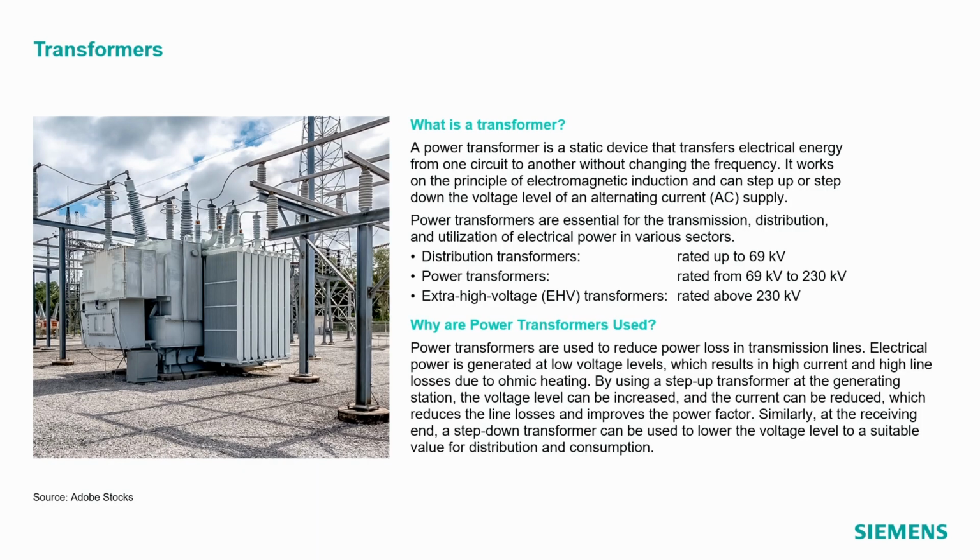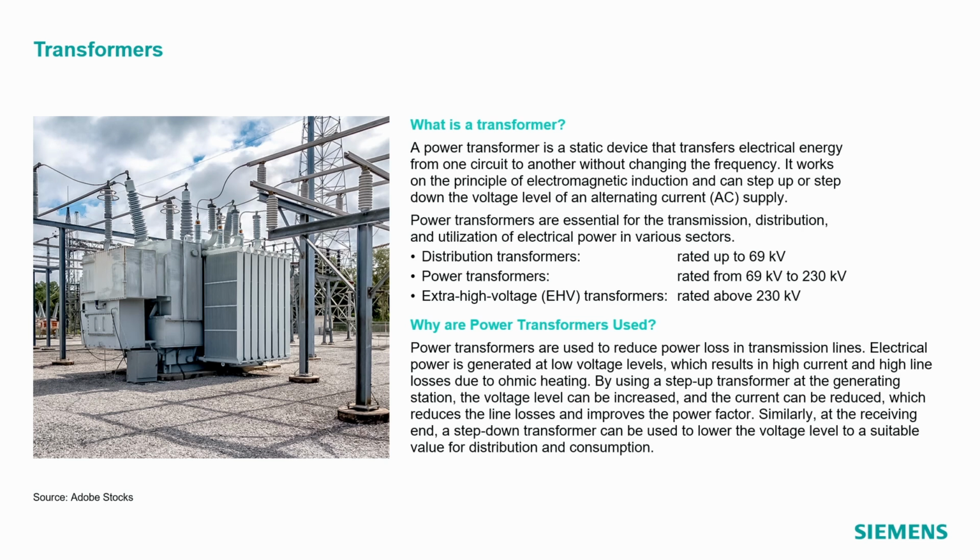A transformer is a static device that transforms electrical energy from one circuit to another. It works on the principle of electromagnetic induction or inductivity and can step up or down depending on the number of windings on primary and secondary side.